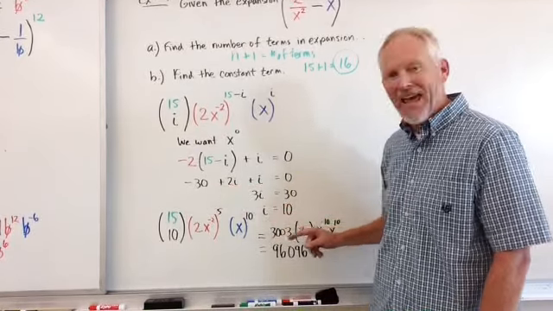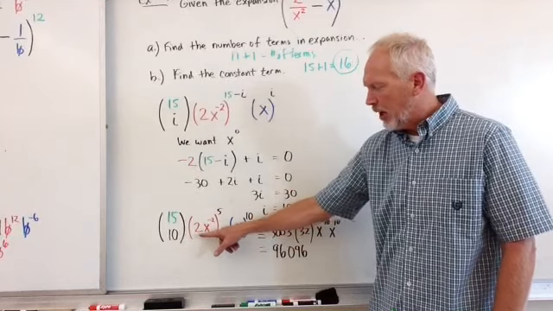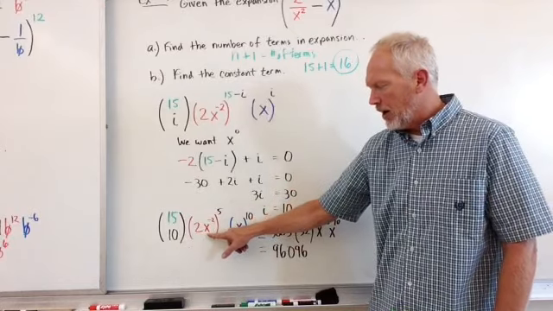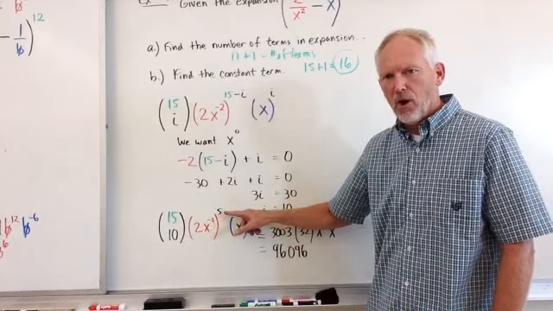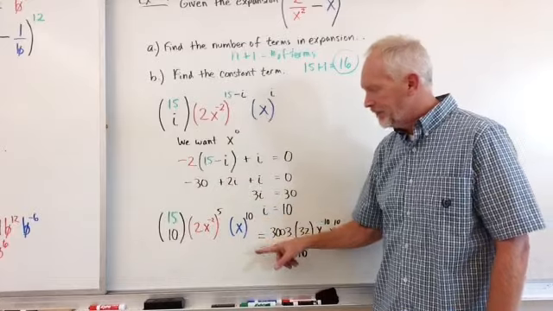Okay, so now that we have that, 15 choose 10 is multiplied by 2 times x to the negative 2, all to the 5th power. How do we get that? 15 minus 10, which is 5. Then x to the ith power, so the 10th power.